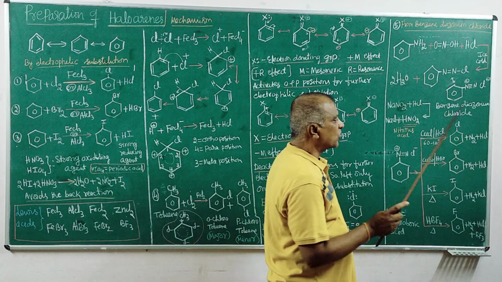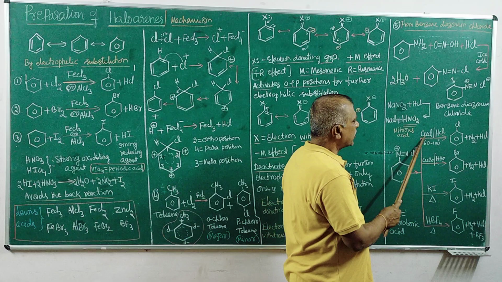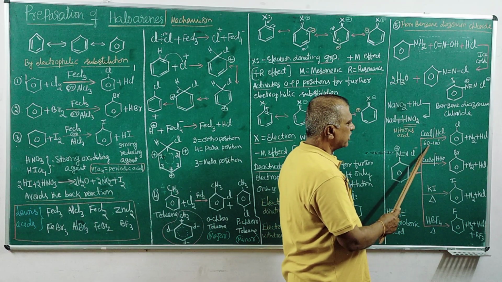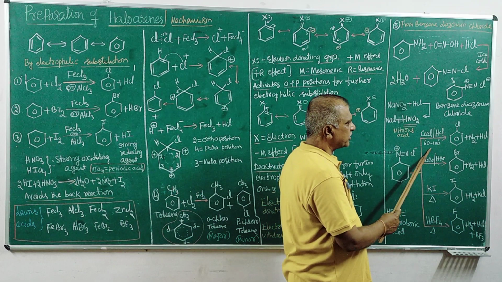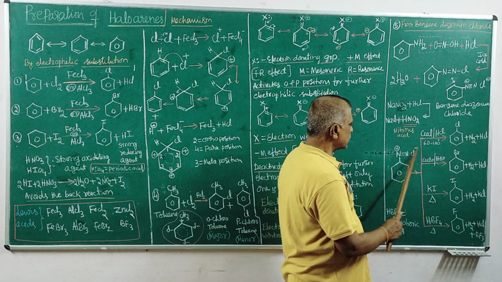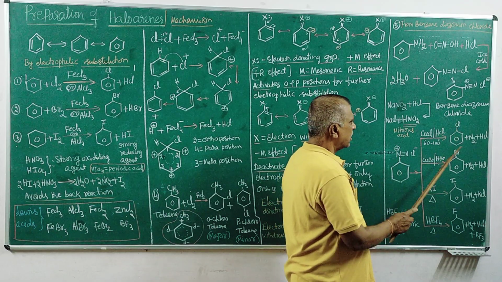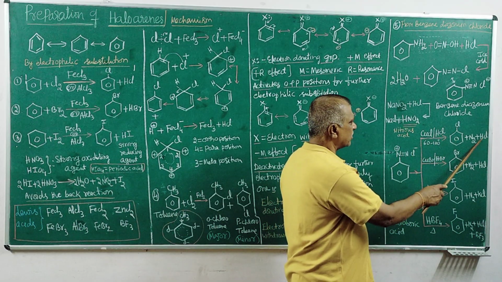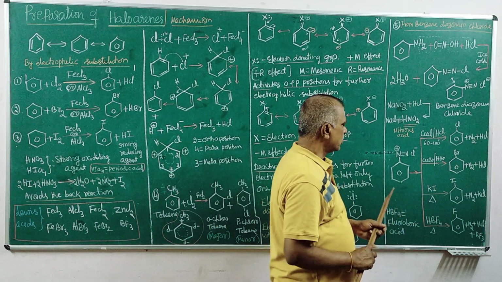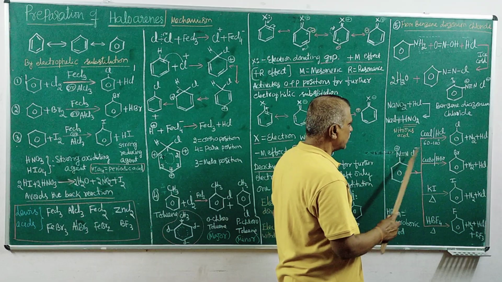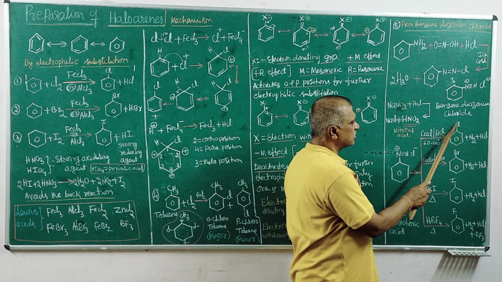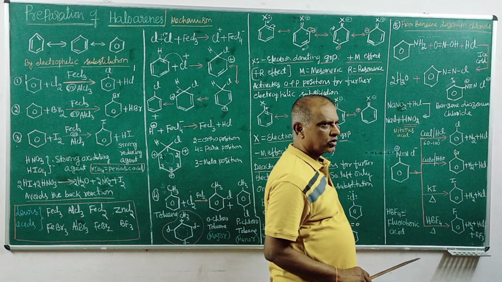For the preparation of the chloro derivative, we use cuprous chloride and HCl, heating between these two temperatures. So this Cl replaces this group, and the diazonium group is removed as N2, nitrogen, and the chloride as HCl.